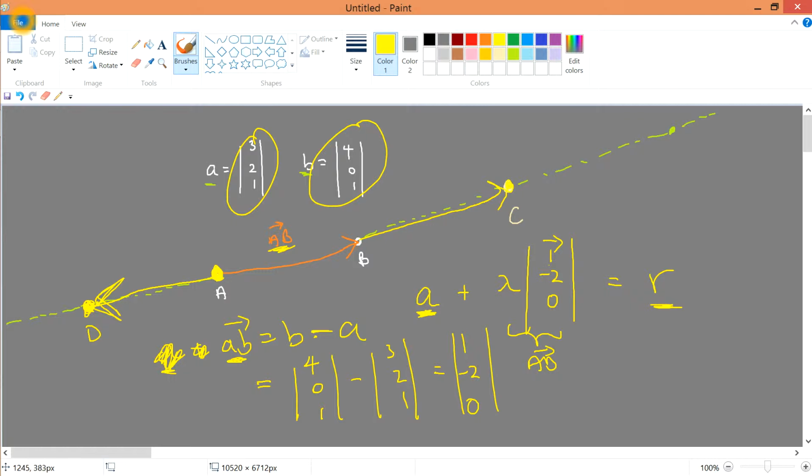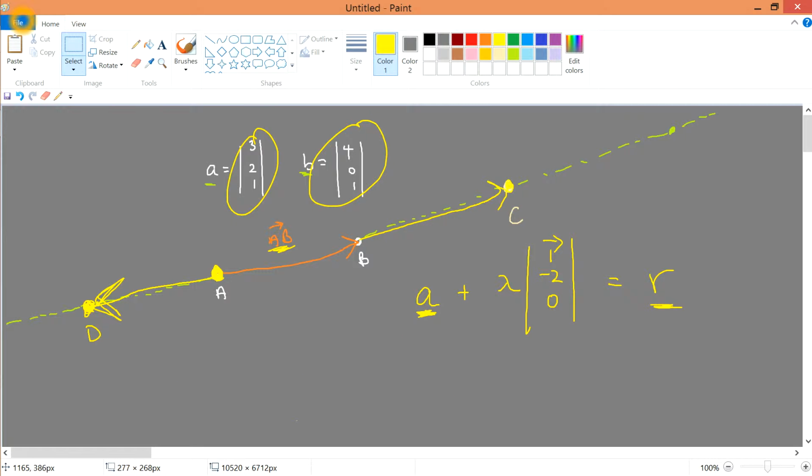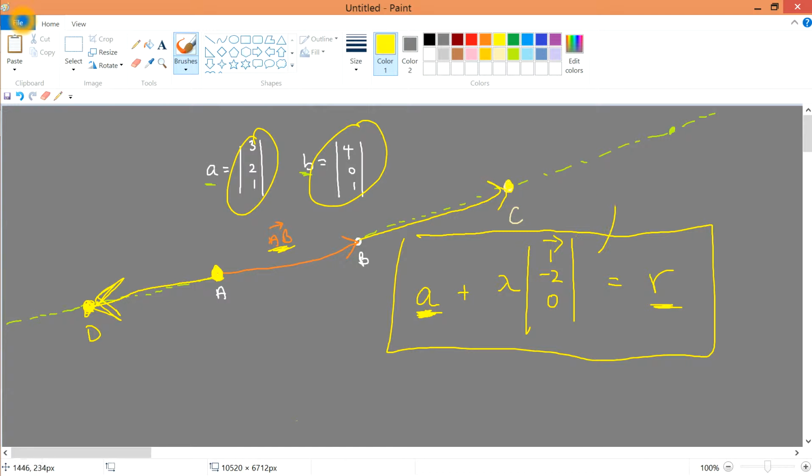And if the magnitude is 2 times, we will get point C over here. If it's minus 1 going in this direction, then we will have point D. So with this understanding, I can clearly say that this is an equation of a line, an equation that describes this infinite line all the way through this chunk over here.